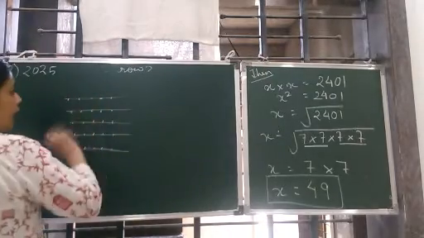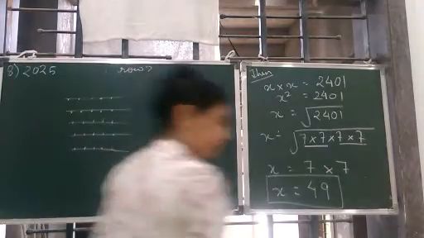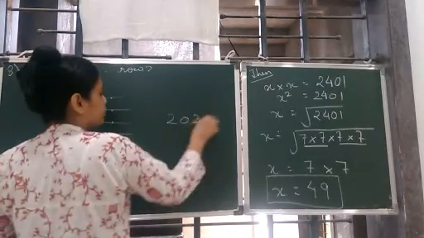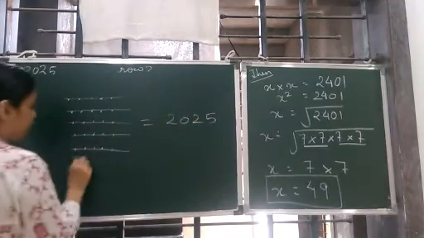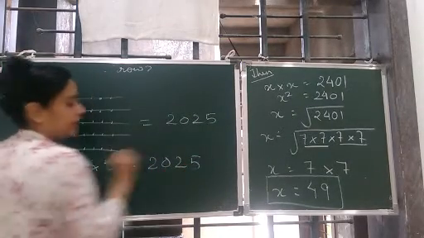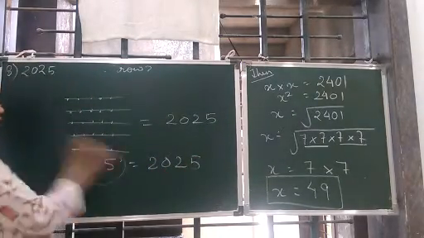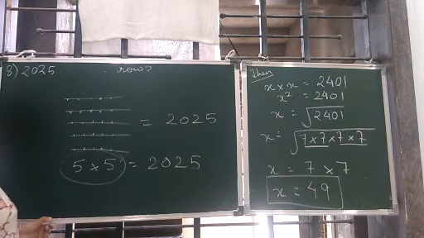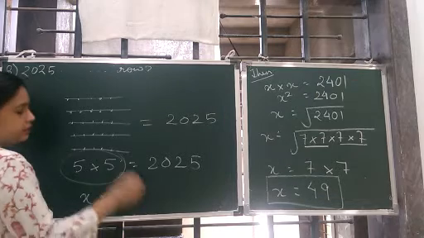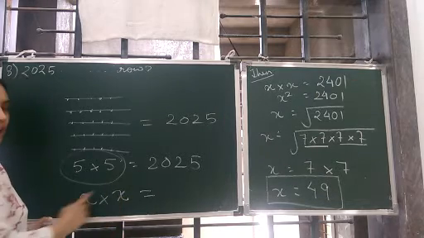So here, how many plants are there? They are 2025. Okay, that means 5 into 5 is equal to 2025. Correct? But we don't know how many number of rows and how many number of plants. So what to do? We write x rows and x plants. Okay, because they both are equal.